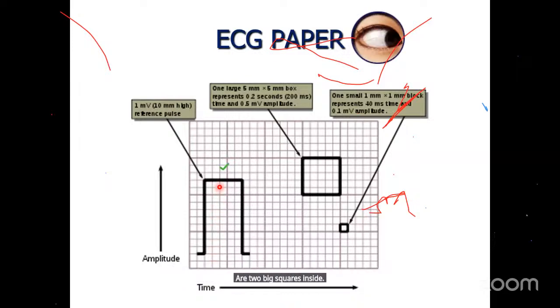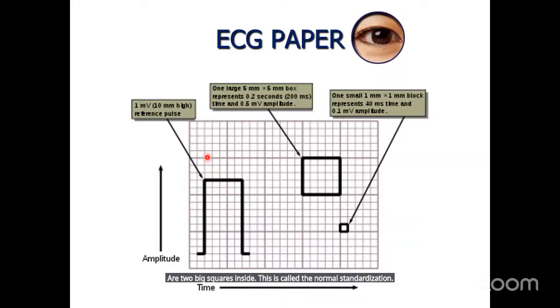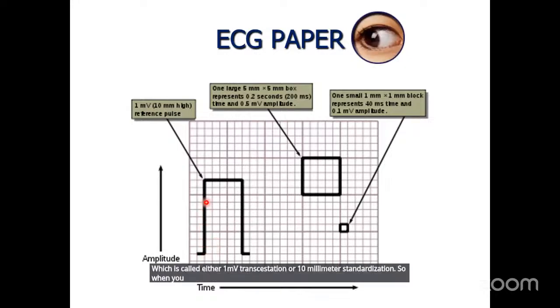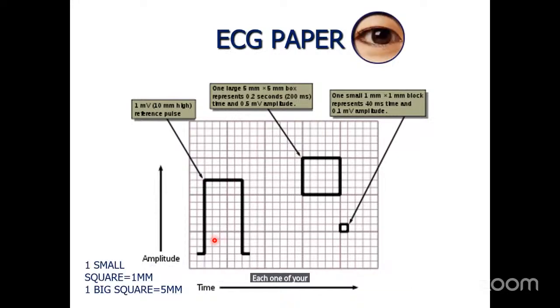This is called the normal standardization, either 1 millivolt or 10 millimeter standardization. So when the vertical bar includes 10 small squares, each one of your small squares vertically is 1 millimeter.